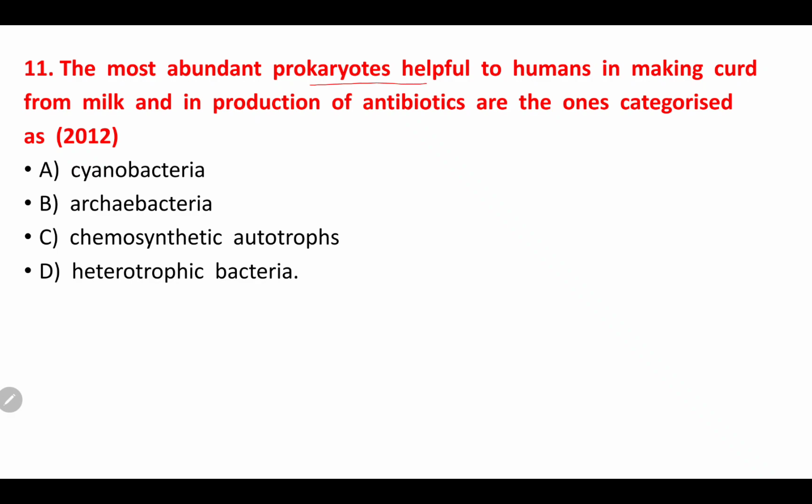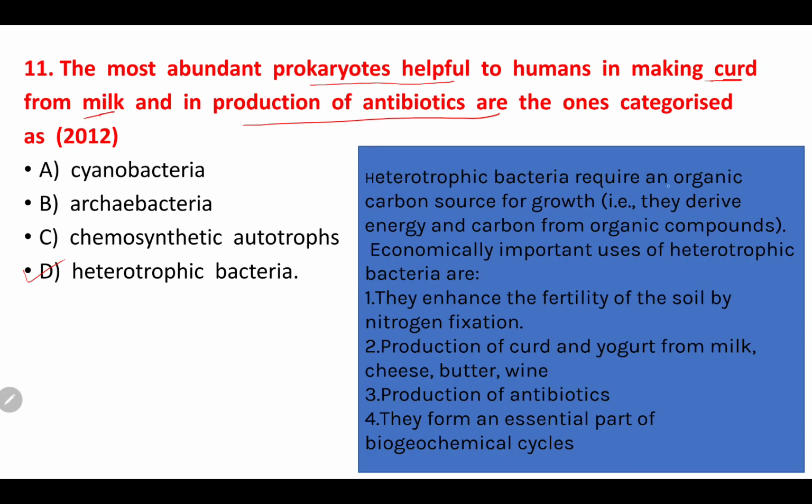The most abundant prokaryotes helpful to humans in making curd from milk and in the production of antibiotics are the ones categorized as. See, these kinds of bacteria are said to be heterotrophic bacteria. That means they require an organic carbon source for their growth. They derive the energy and carbon from organic compounds.